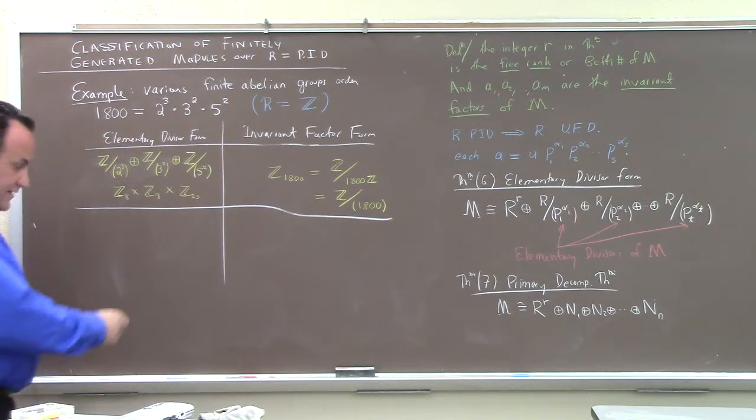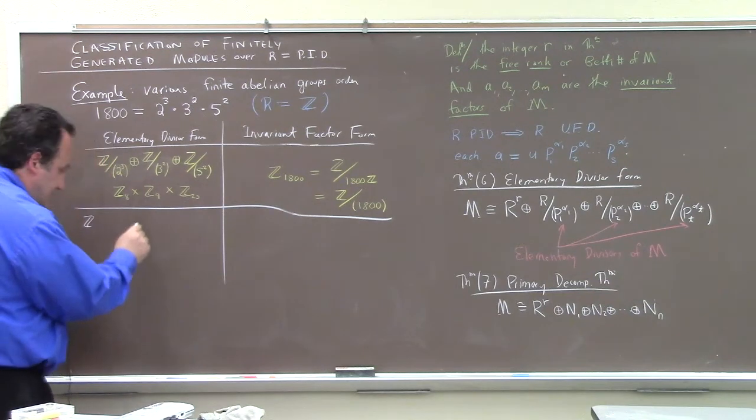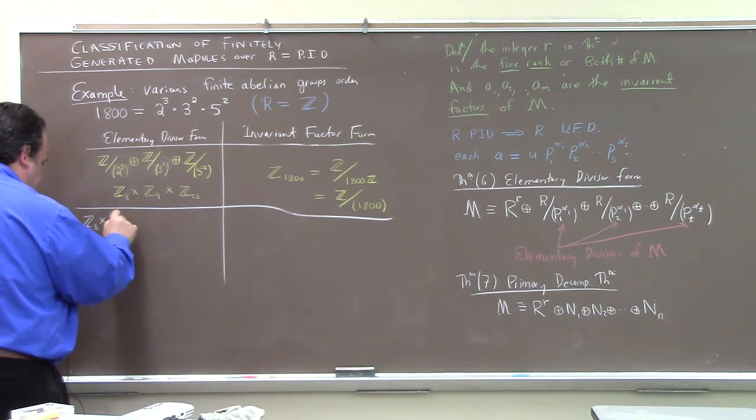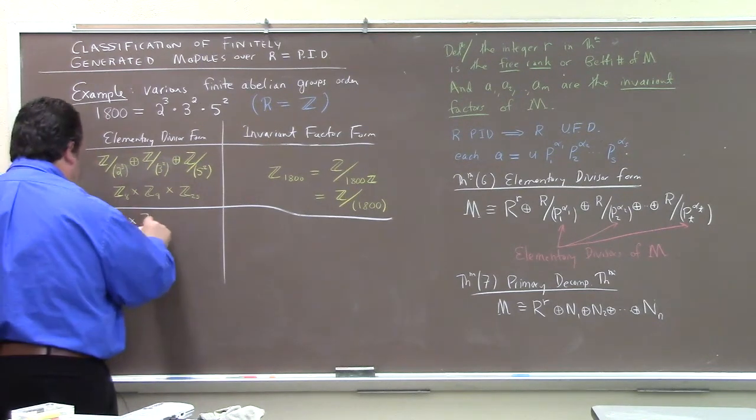Case 2, I'm just going to stick with this notation because it's quicker: Z8 cross Z9 cross Z5 cross Z5.